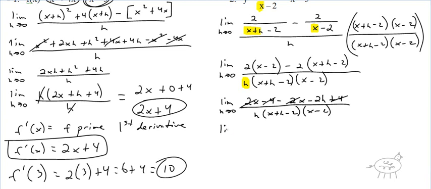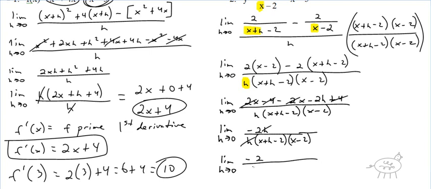Because now I have limit as h approaches 0 of negative 2h all over h times x plus h minus 2 times x minus 2. And then the h's cancel. That's pretty sweet. So I have limit as h approaches 0 of negative 2 over x plus h minus 2 times x minus 2. And then what do you do? You put a 0 in for h.